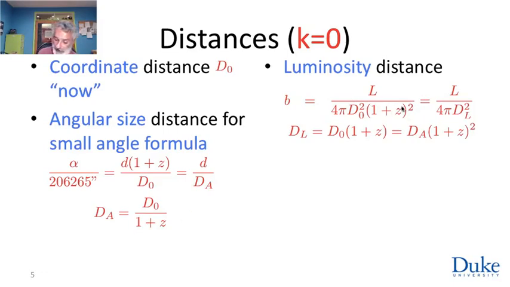This means objects appear dimmer because of redshift than they would, and this means that objects appear bigger because of redshift than they otherwise would. And so the bottom line is, since we can't really measure this, but we can measure sometimes both this and this, they are related by 1 plus z squared, a relative factor, and this sometimes you can measure. You can use that to verify that we actually live in a Robertson-Walker universe.